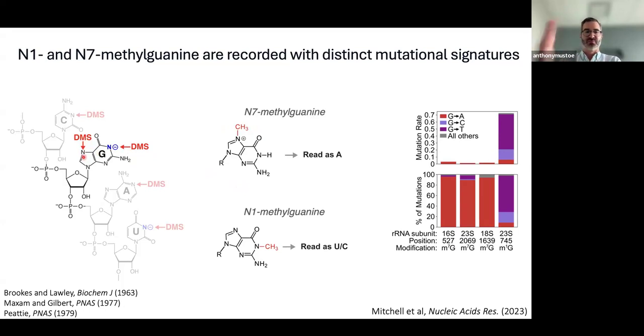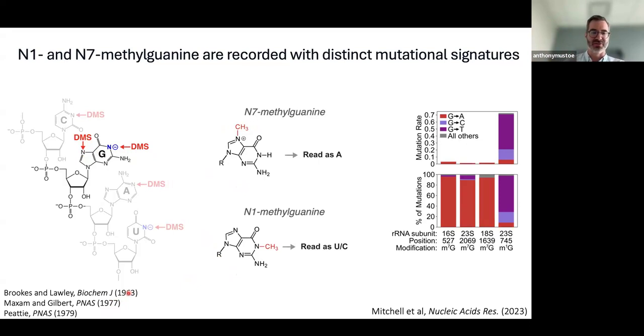It's widely known, back in ancient times in 1960 and going on into the late 70s, that the position DMS most likes to modify in RNA is the N7 position.